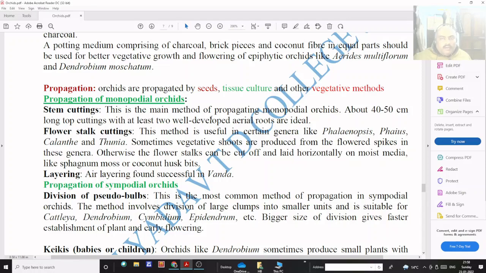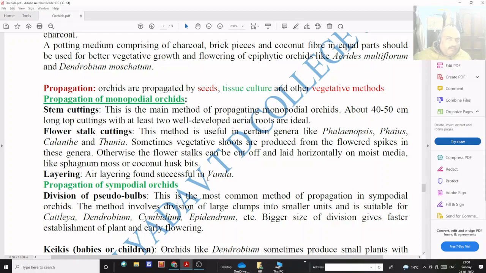Monopodial orchids can be multiplied by using their stem cuttings, flower stalk cuttings, and layering as well.